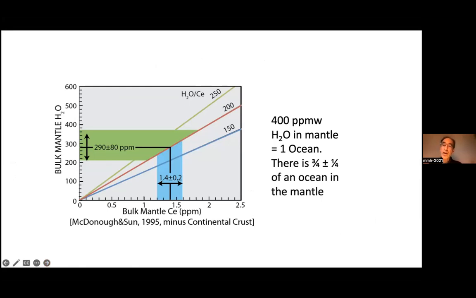For reference, 400 parts per million would be the same total mass as the Earth's surface reservoir, the oceans. In other words, we get plus or minus about three-quarters of an ocean in the Earth's interior. Most of Earth's water, by just a small amount, is on the surface, and a subsidiary amount, similar in magnitude, is stored in the interior.